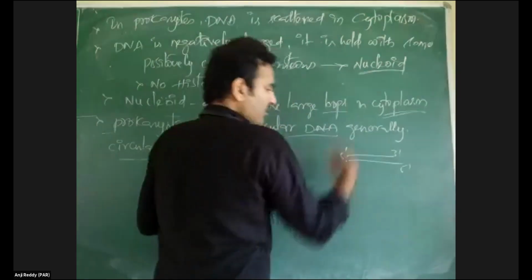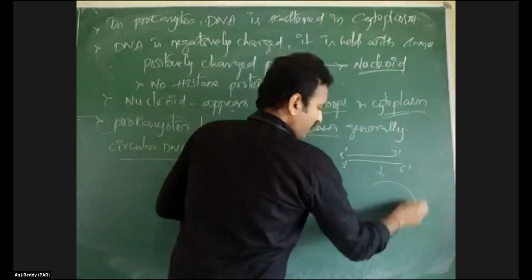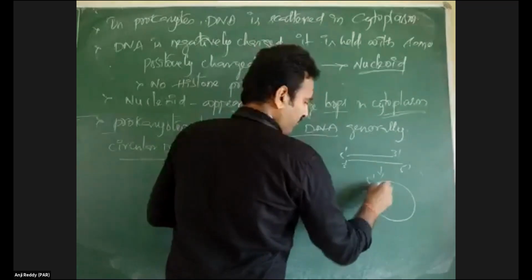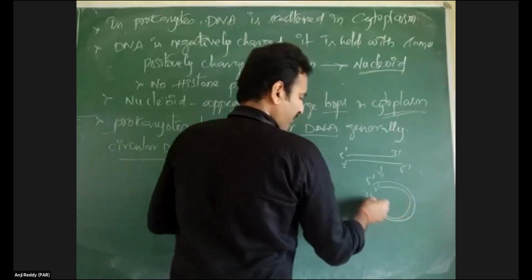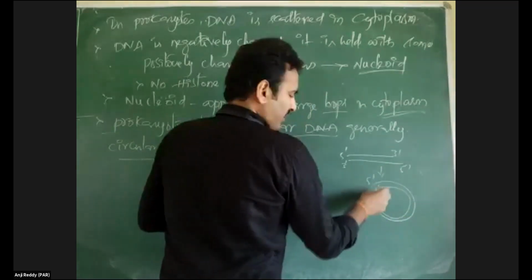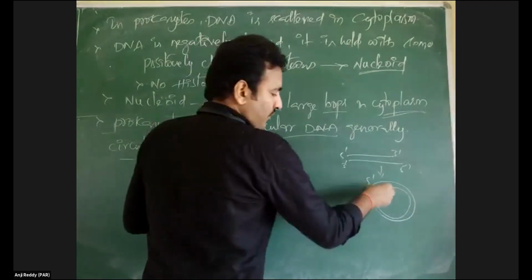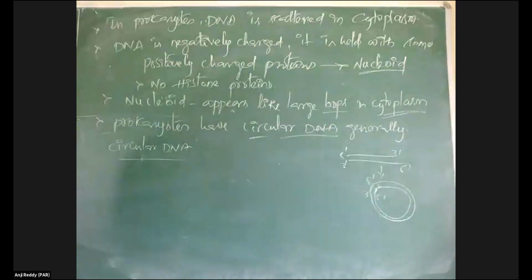Now they will be converted into circular form like this. Between them there is formation of bonds. A phosphodiester bond is formed, and they are held together. Ends of the DNA strands are joined and there is formation of circular DNA.